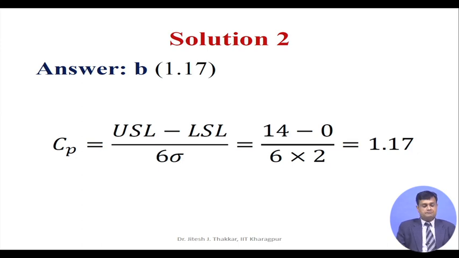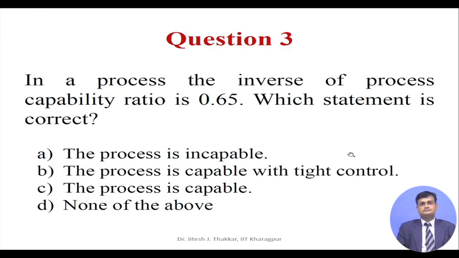You can easily compute Cp is equal to USL minus LSL divided by 6 sigma, is equal to 14 minus 0 divided by 6 into 2. So, it is 1.17.